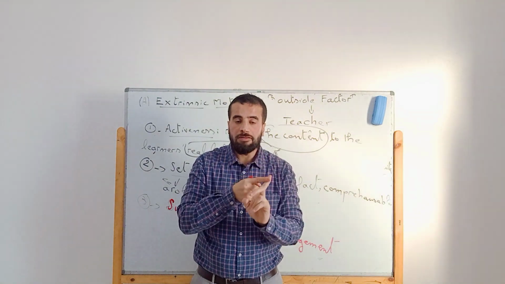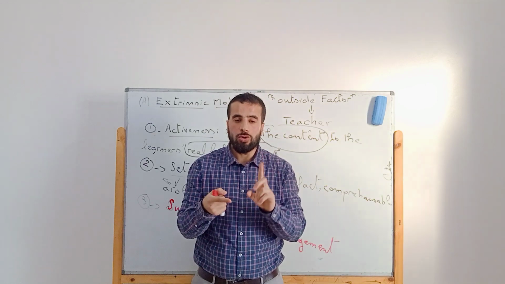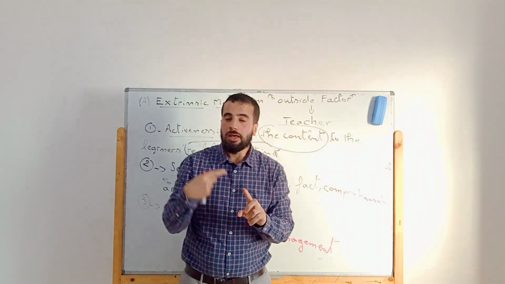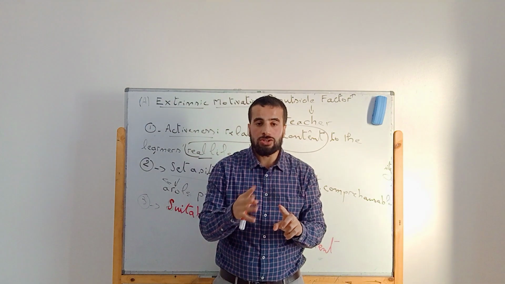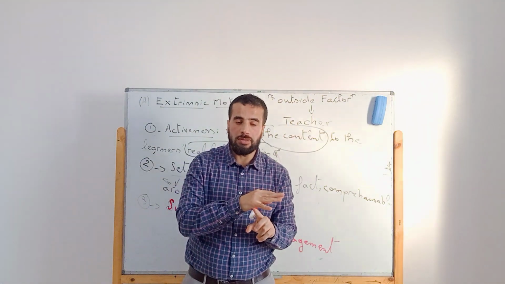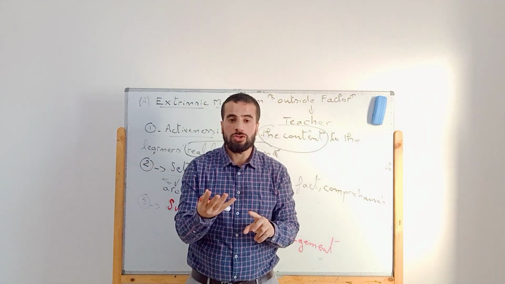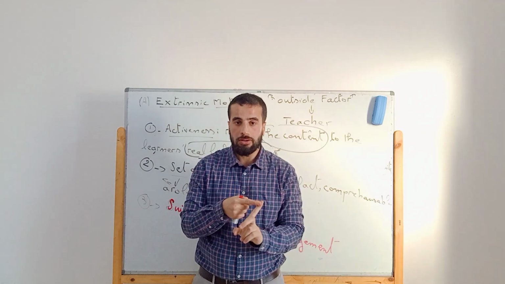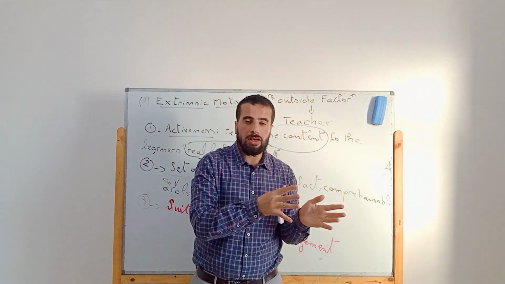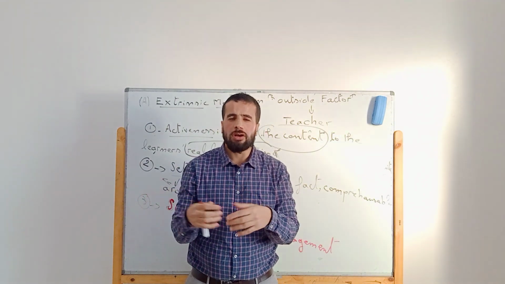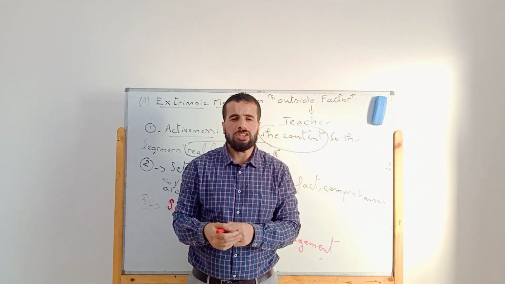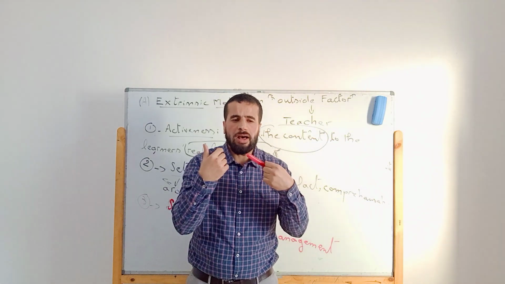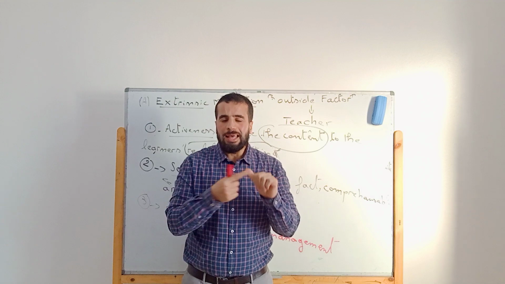If you want to have a listening, if you want to have a dialogue, or anything that needs no more than 3 students, you can do it as a pair work. One student will correct the other, or they will talk to each other on the stage about any particular topic.